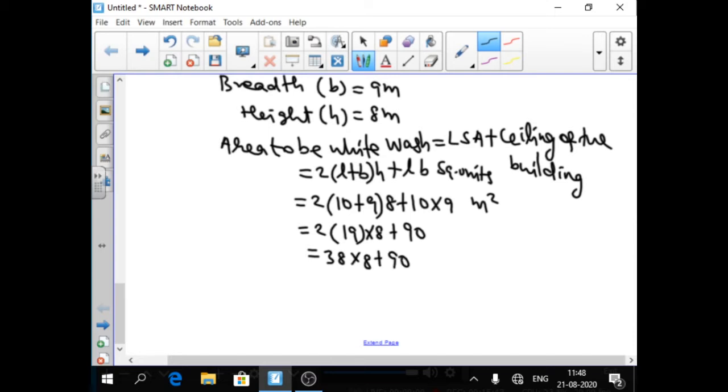So 38 into 8 is 304 plus 90. Just add the values, 394. So already you know the measuring units, meter square. 394 meter square.